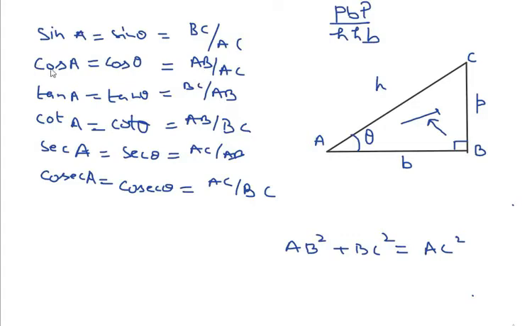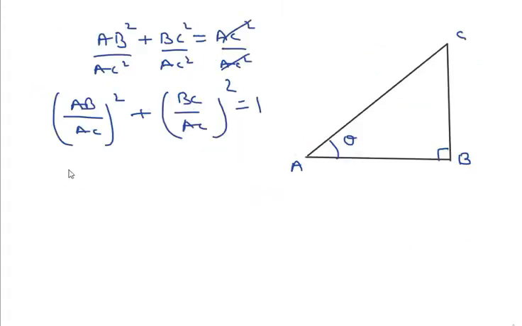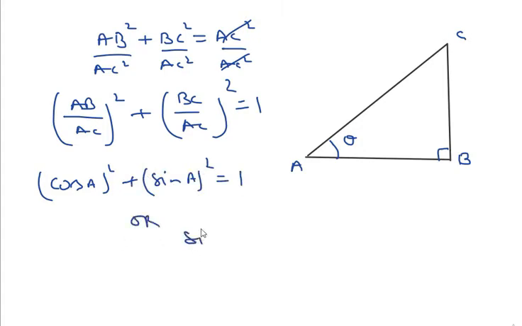AB upon AC is equal to cos A and BC upon AC is equal to sin A. So I can write cos A square plus sin A square is equal to 1, or I can write this sin square theta plus cos square theta is equal to 1.